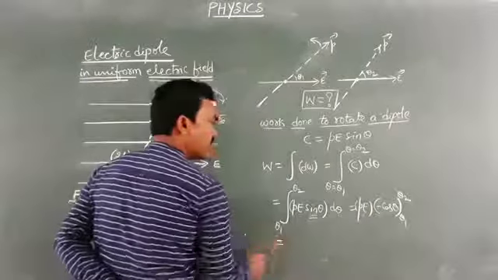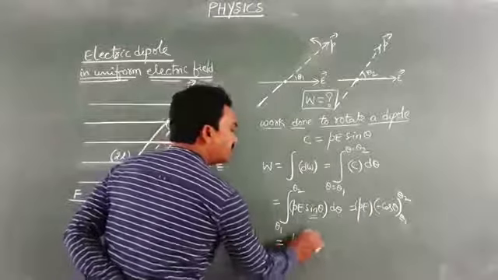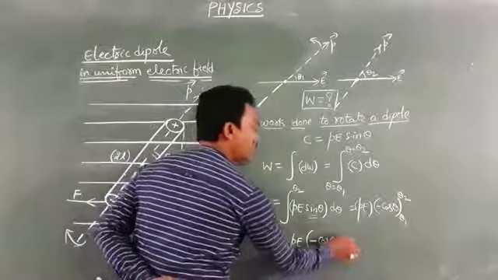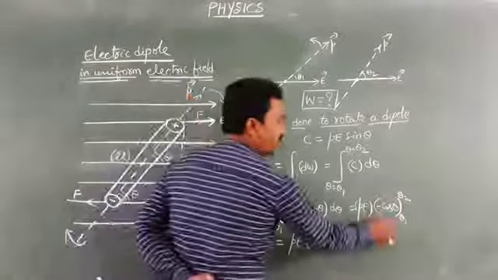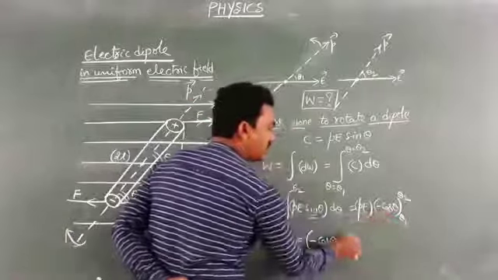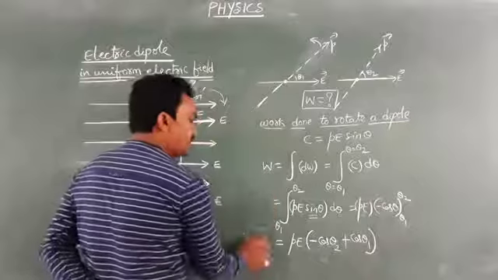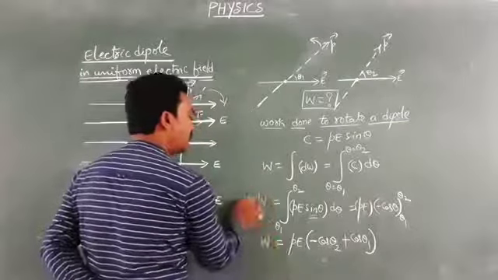So this is equal to PE, first the upper limit term, minus cos theta 2, minus the lower limit term, minus cos theta 1; that minus and minus becomes a plus. So this is the step by step calculation of the amount of work done.